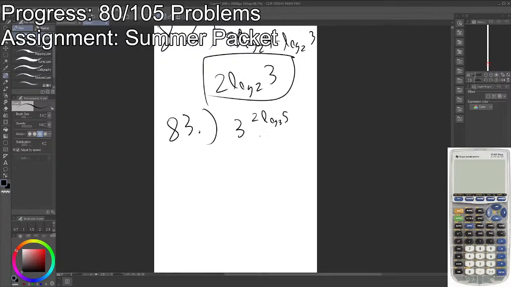Okay. Gotta pull out the rules for this one. Okay, so I can move the 5. Wait, it's 5 at base. Okay.